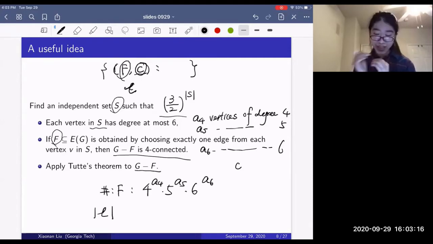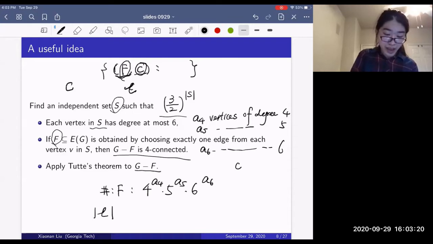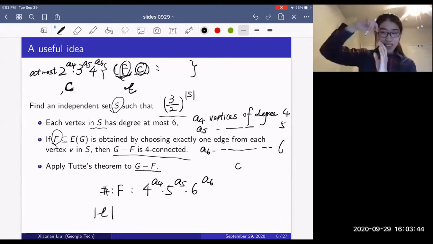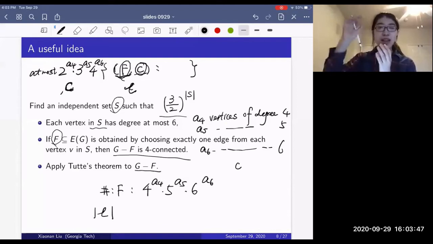For this F, if we have a Hamiltonian cycle C, there are at most 2^A4 times 3^A5 times 4^A6, because the Hamiltonian cycle uses 2 edges incident with each vertex, but the remaining edges we can still pick.